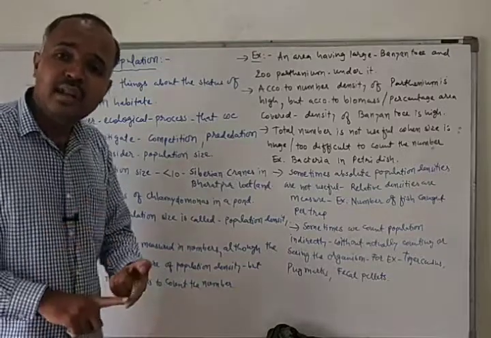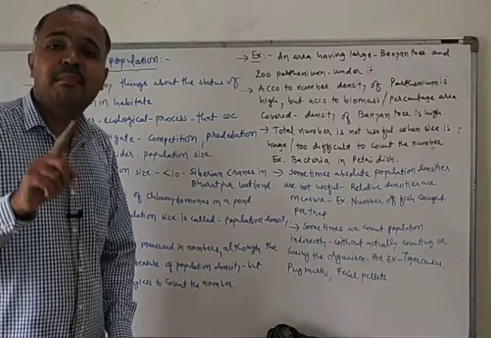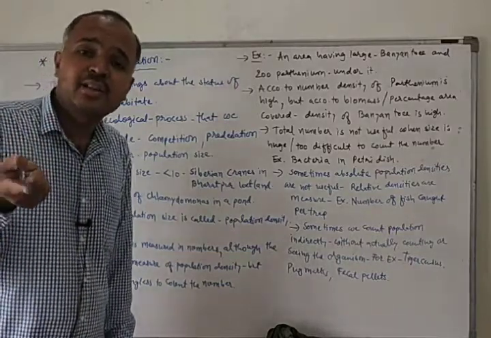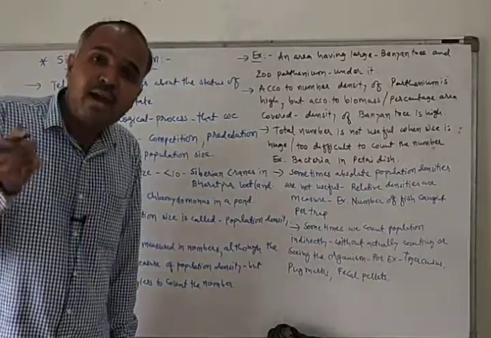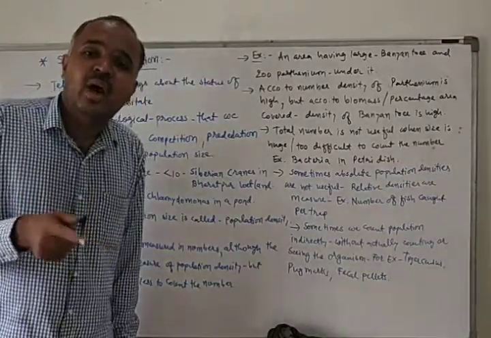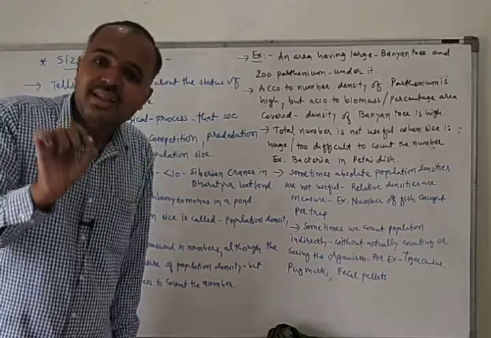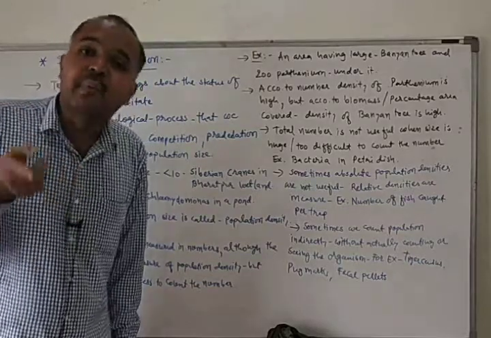If we count the number, we will say that parthenium has high density. But if we consider the ecological role played by the organism, its biomass, or the percentage area covered, then we will say that banyan tree has a large population density compared to parthenium.